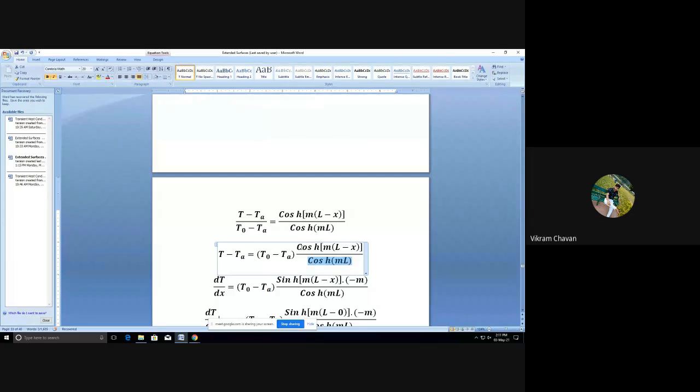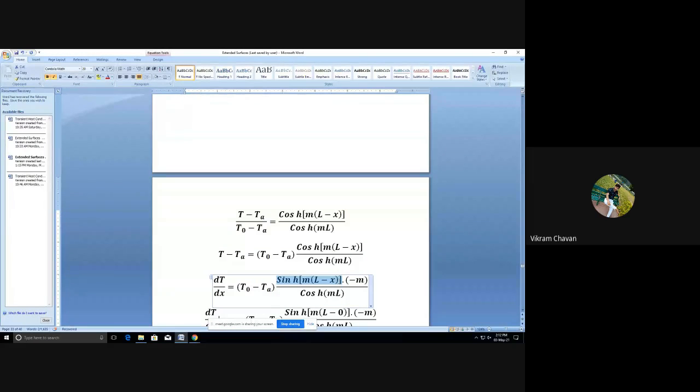The remaining part is the numerator of this fraction, cosh of m into bracket L minus x. Here in the numerator, x is the variable, so we differentiate this numerator with respect to x. The differentiation of cosh is sinh. So the derivative of cosh of m into bracket L minus x will be sinh of m multiplied by L minus x.